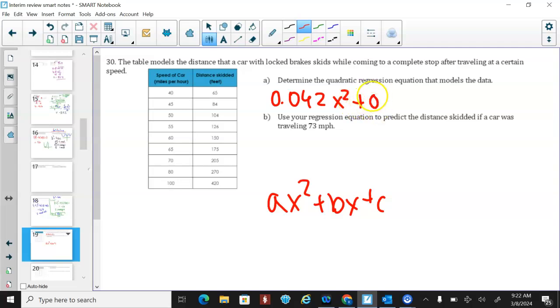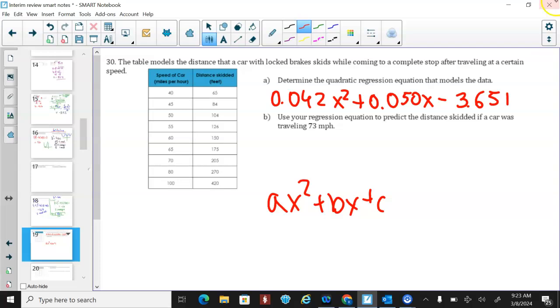For our B, we had 0.049, so I can do 0.050 x to round it up, and then minus, the C was negative 3.651. Okay, so that is your quadratic regression equation.